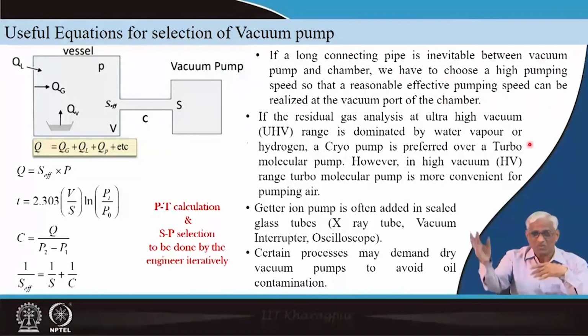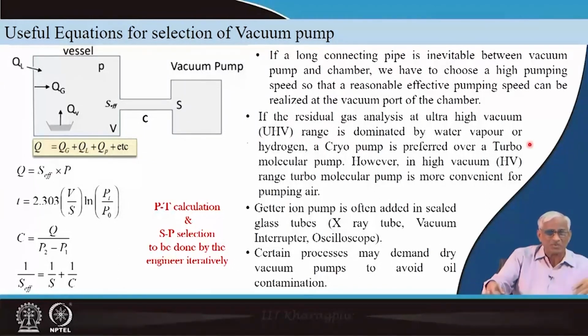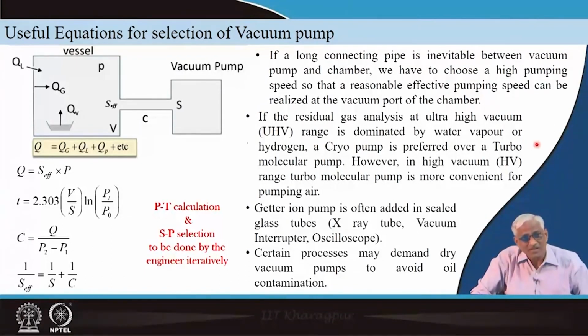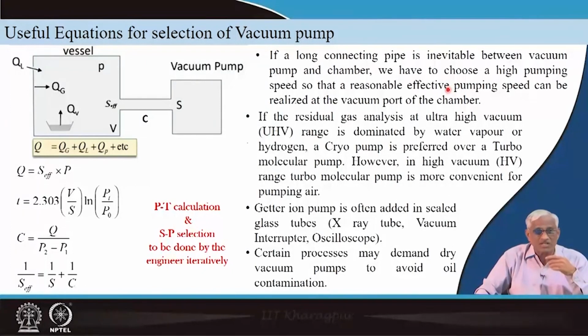How does it matter, you keep one cryopump, one ion pump, one sublimation pump and one dry pump from the beginning itself, because you are not going to use all of them simultaneously, but the valves isolating them must be UHV compatible. With a long connecting pipe, if it is inevitable, then you have to over design the pump.